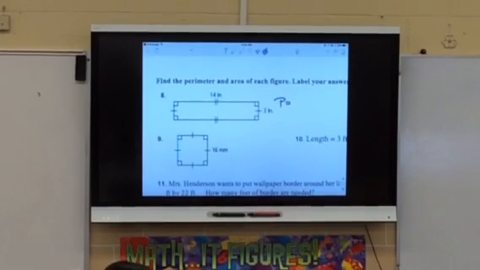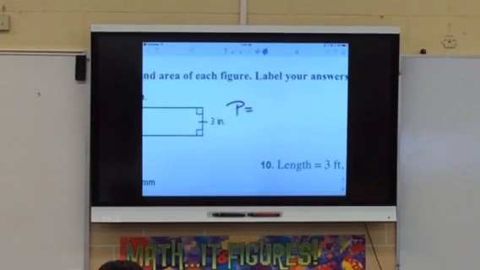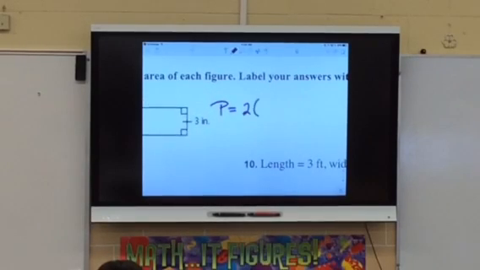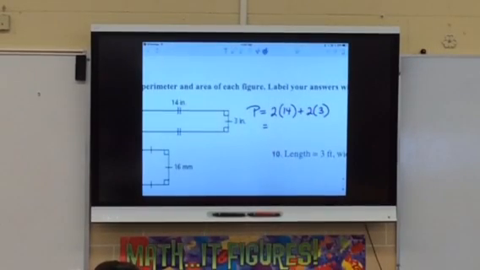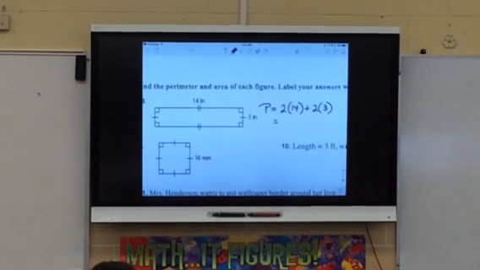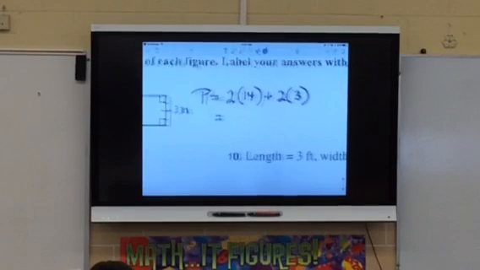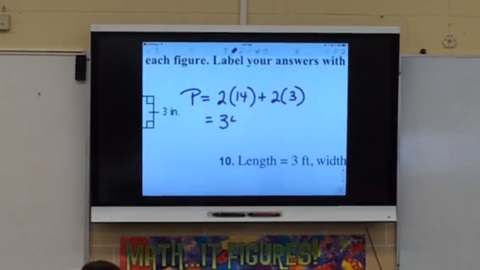Perimeter, you add up the sides. So you can either do 2 times 14 and 2 times 3, or you can just literally add them all up. How much will it be? So I would probably actually think it's easier to go 17 and then times 2. What's the label going to be? In inches.